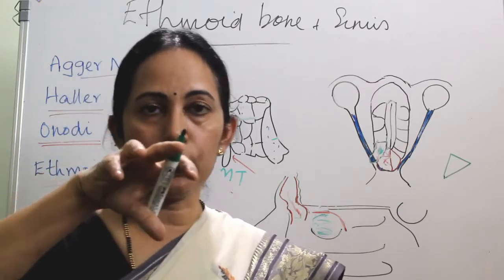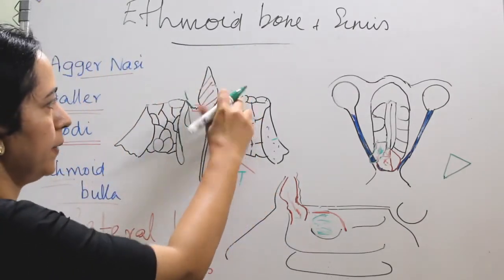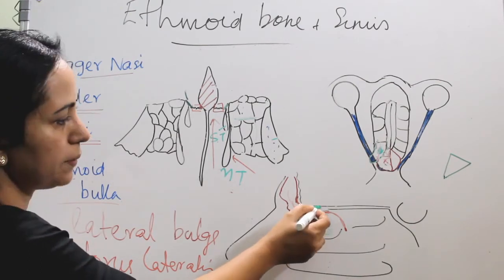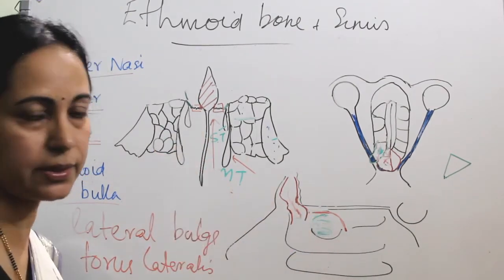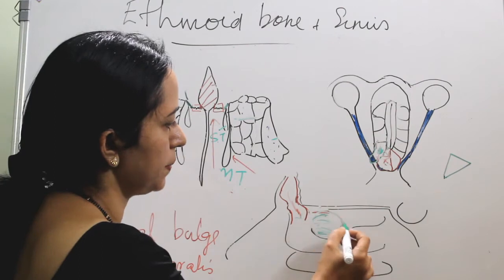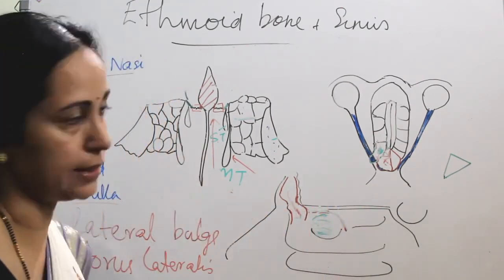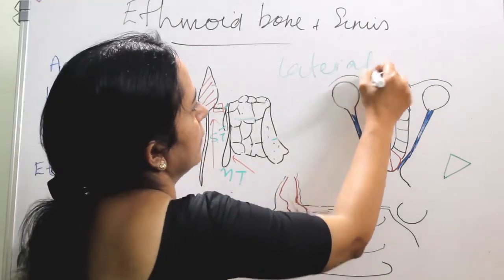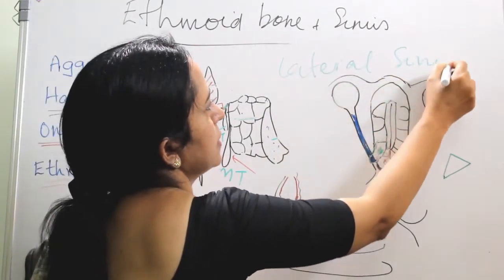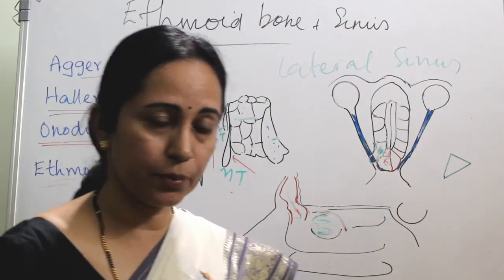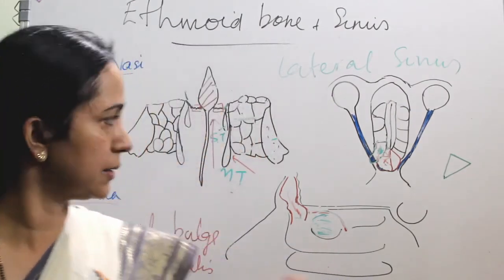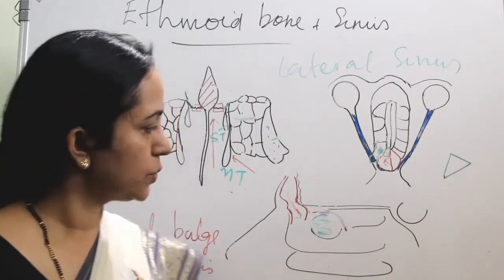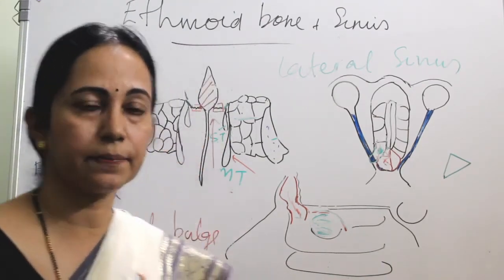Sometimes this ethmoid bulla will come and attach to the roof of the ethmoid, this area. Sometimes it will stop short of that. In that case, this space is called the lateral sinus, or sinus lateralis. That is important during functional endoscopic sinus surgery. So what are the boundaries of the lateral sinus?